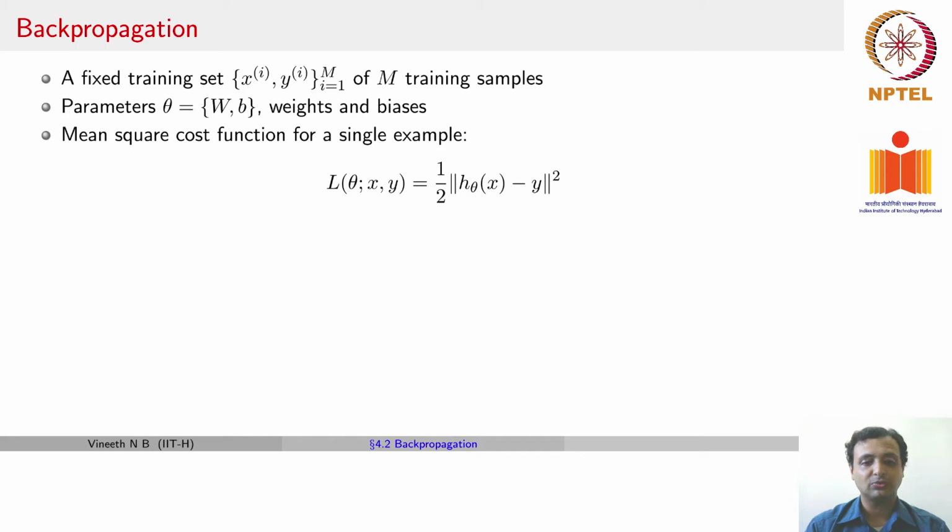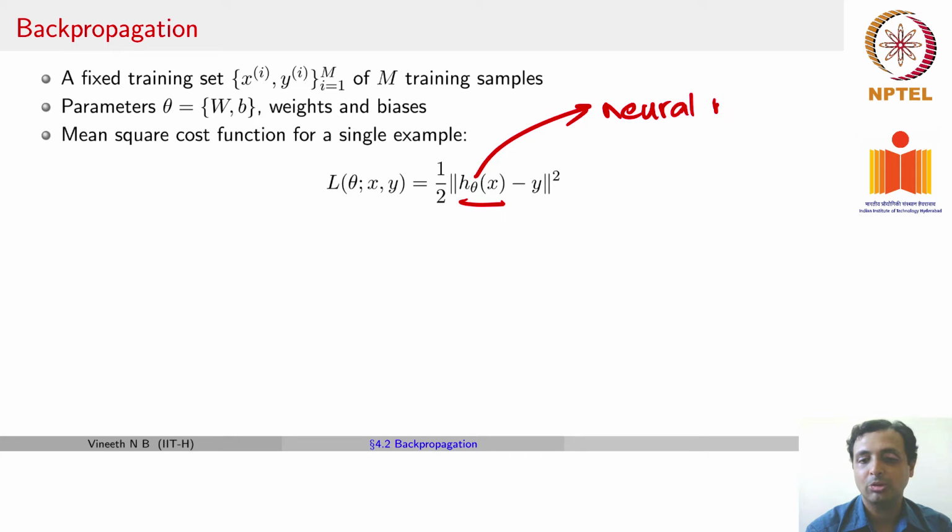Let the mean square cost function for a single example be given by, let's assume that h theta of x corresponds to your neural network at this time. That's your neural network. And y is the expected output, because we know that that's the output for the corresponding training sample. So given one particular sample x and its correct label y, your loss function is given by half of h theta of x minus y whole square.